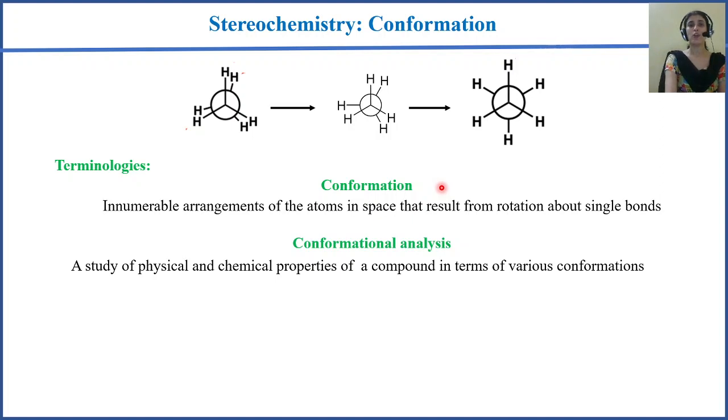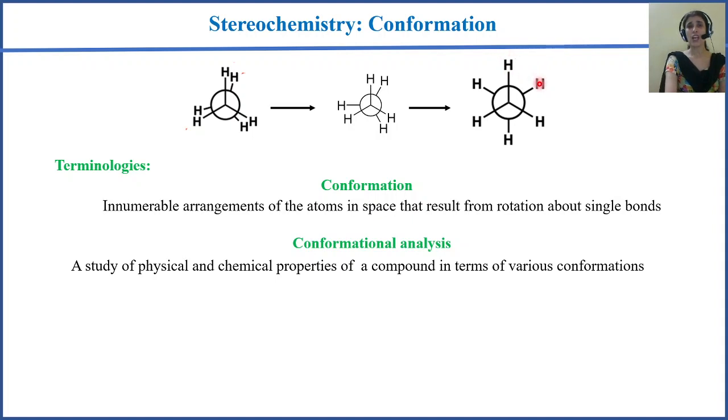After that, we will get different types of conformations, such as this one, where 2 hydrogens, this hydrogen from the first carbon and this hydrogen from the back carbon, are very close to each other. And if we consider this one, there is a considerable distance between these two hydrogens.